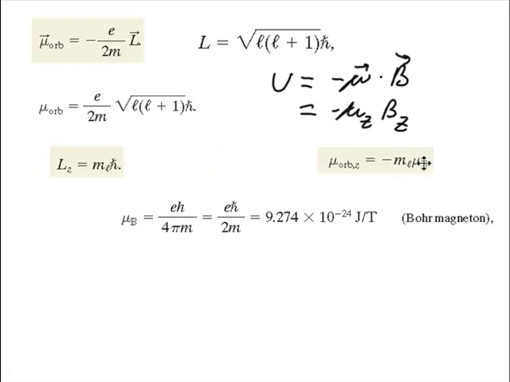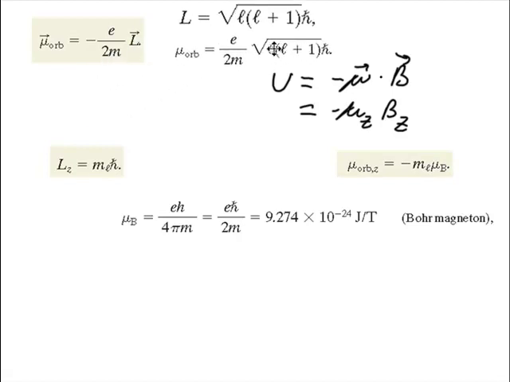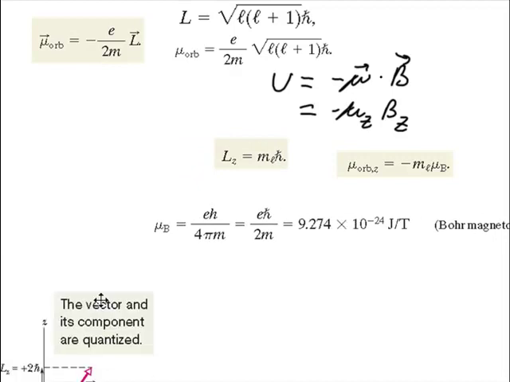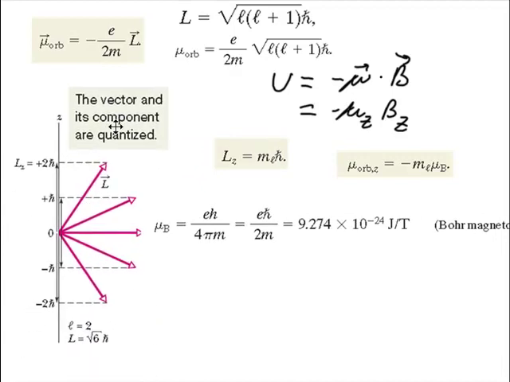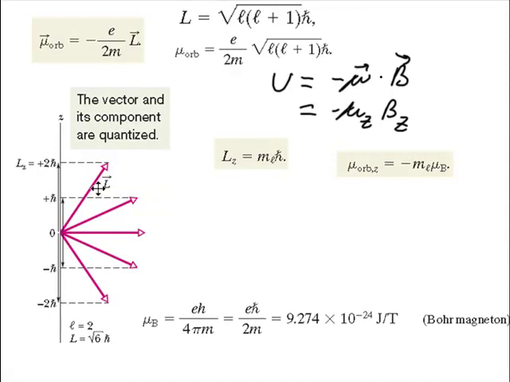Okay, I'm going to move these over here for a bit, because I want to bring up this picture right here. What this picture shows is the angular momentum vector, quantum mechanically, and its projection onto a z-axis, where the z-axis is defined by the direction of a magnetic field.